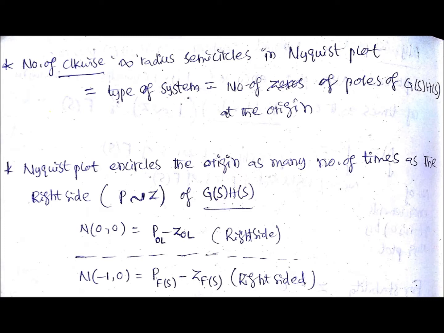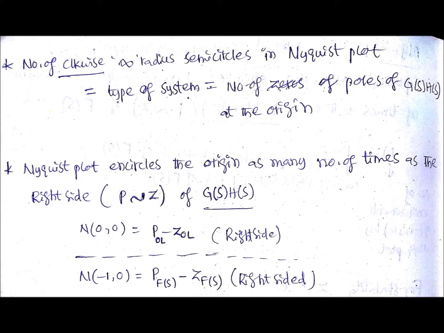This is encircling the origin, not minus 1 comma 0. Previously we have seen the encirclements of minus 1 comma 0 for the stability criterion, but you can also get the encirclements of the point 0 comma 0 by this formula, that is open loop poles minus open loop zeros, and that too right-side ones.